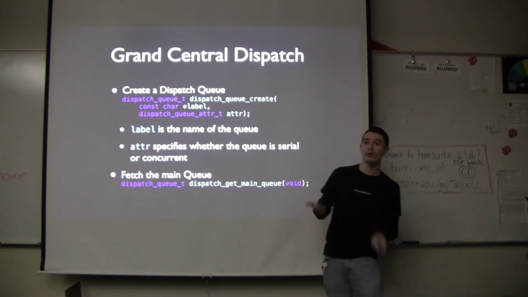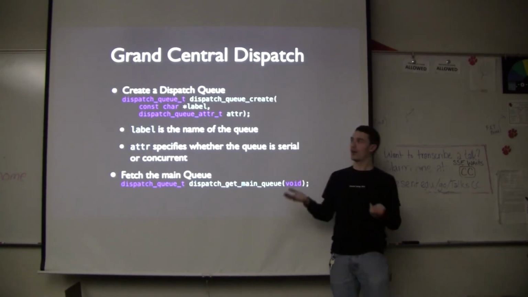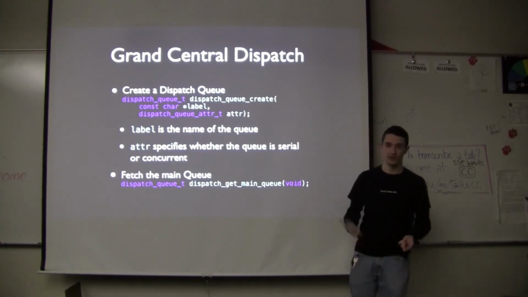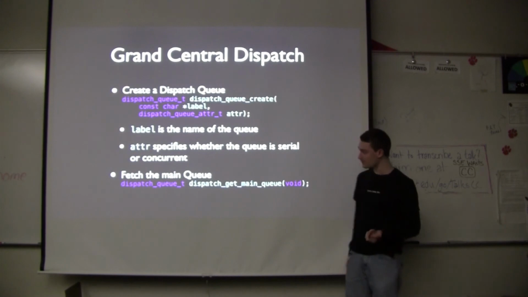You might want to go for one or the other depending on which function you want to call on the dispatch queue for Grand Central Dispatch, and I'll get to that later.